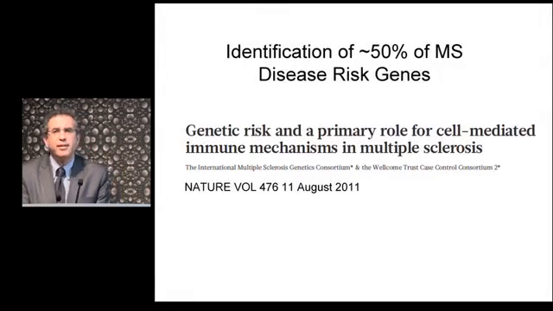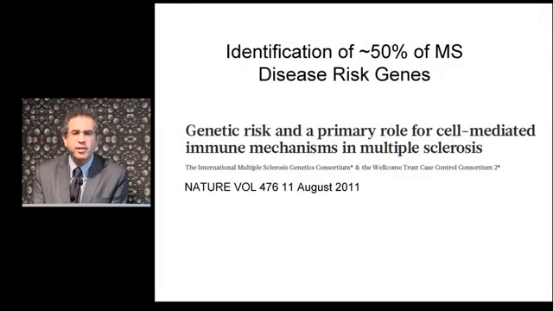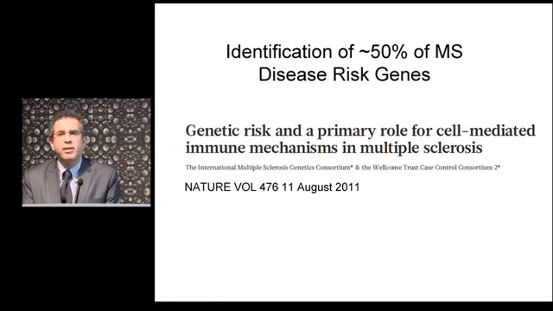Back in the 1970s, I earlier had mentioned the MHC protein, the major histocompatibility complex. One flavor of the MHC, so-called DR2, or in the nomenclature DR beta 1 1501, was identified over 40 years ago as a major genetic risk factor in multiple sclerosis.